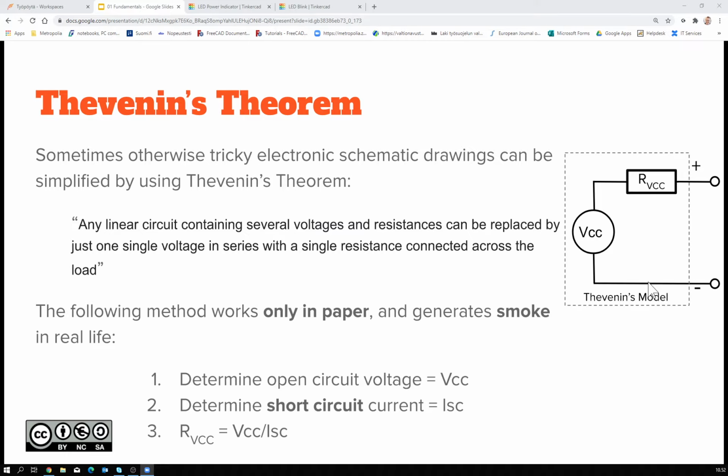Buy a new car battery, and make the Thevenin's model for that one. You really don't want to have a short circuit between positive and negative. Even a cheap battery gives you easily 100 amps.